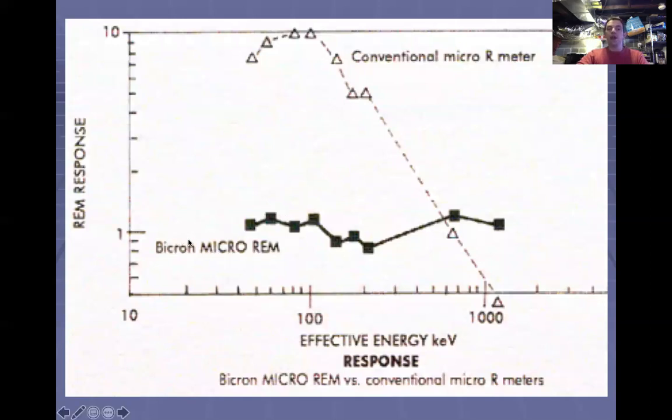One of these meters that we have is actually a micro REM meter. This is one of those meters that reads out in REM. It's not actually a gas filled detector. It is a tissue equivalent scintillator, a sort of plastic that has a roughly similar chemical makeup to tissue, a lot of hydrogen, carbon atoms and so on. This gives you a very flat response, so these are useful for us.